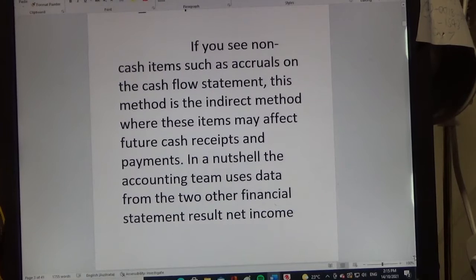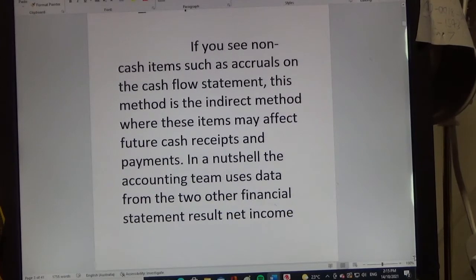That's the direct method. But the indirect method is using the other two financial statements, the profit and loss statement, also called the statement of financial performance, and the balance sheet, also called the statement of financial position. You use the data in the financial statements to calculate cash flows.